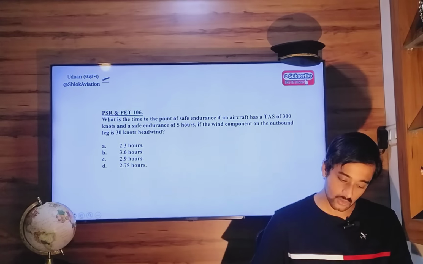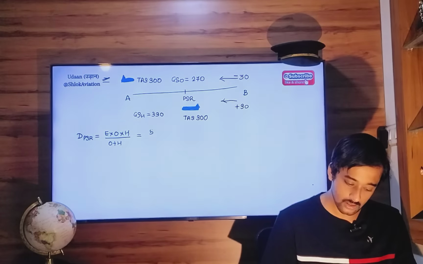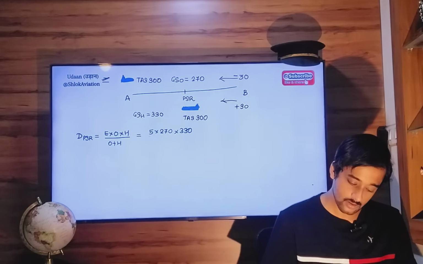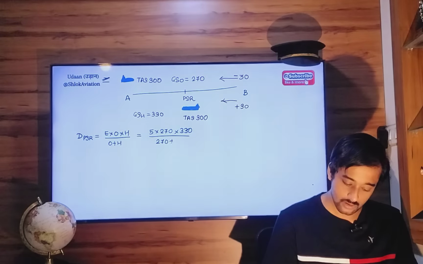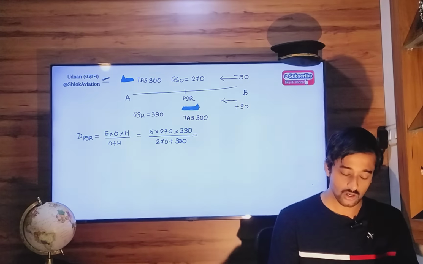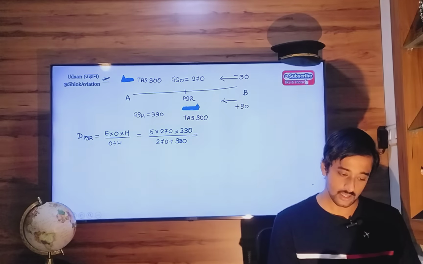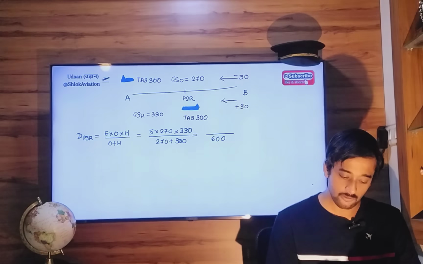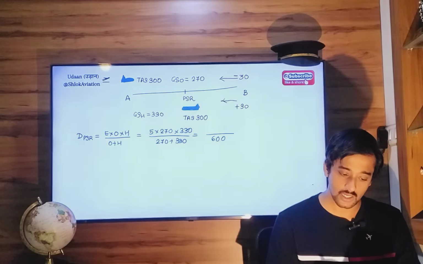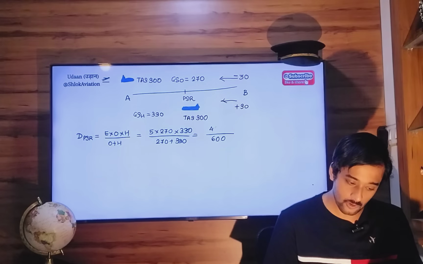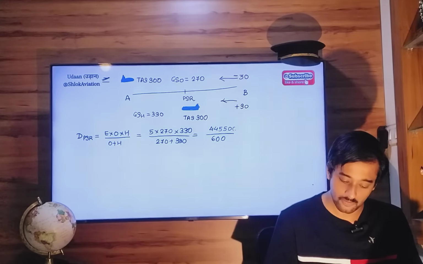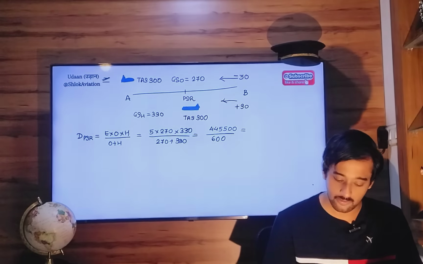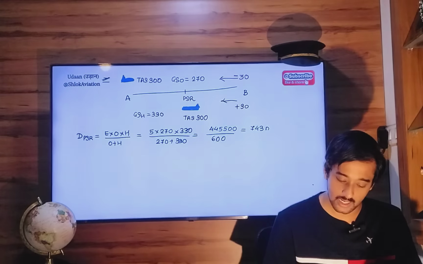So endurance equals 5 hours. 270 plus 330 is 600. Numerator: 5 into 270 into 330, 445,500, divided by 600 is 742.5, that is 743 nautical miles, let's say.